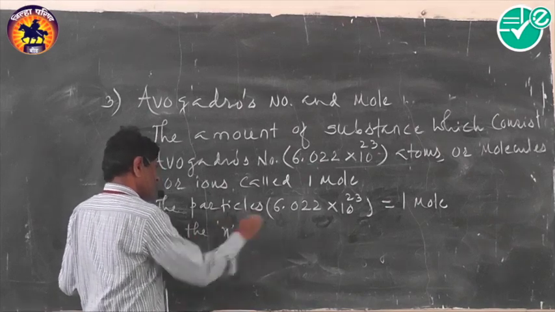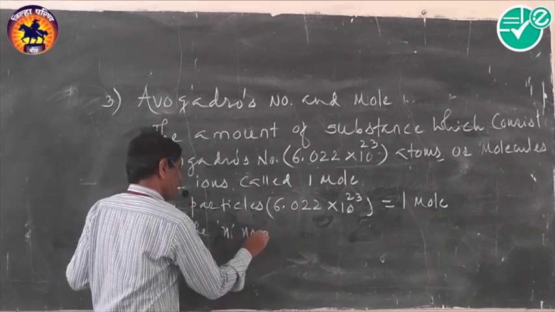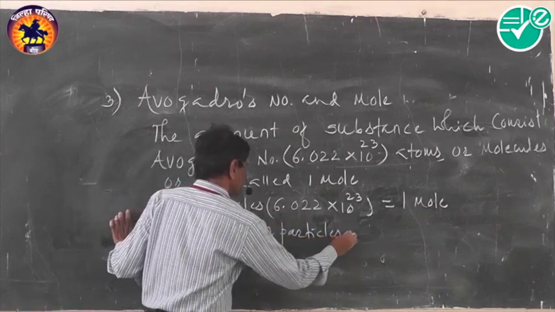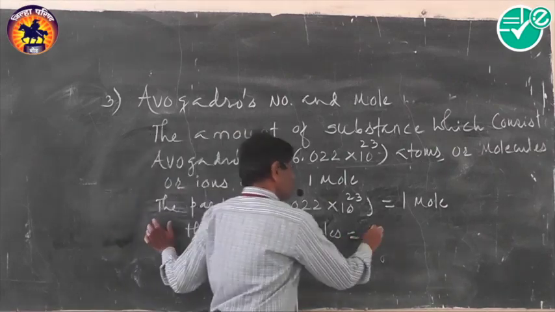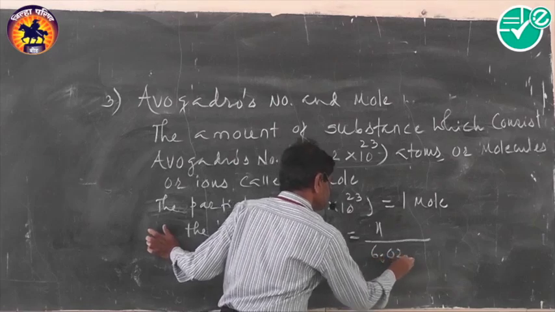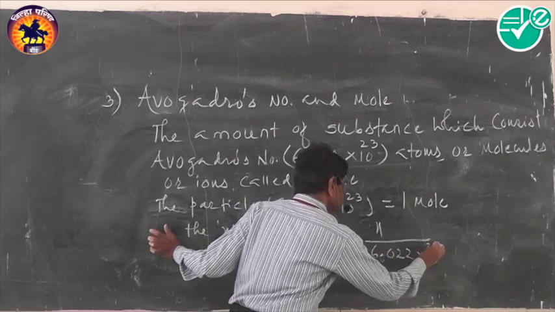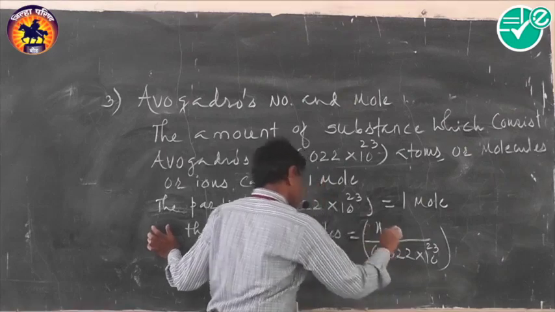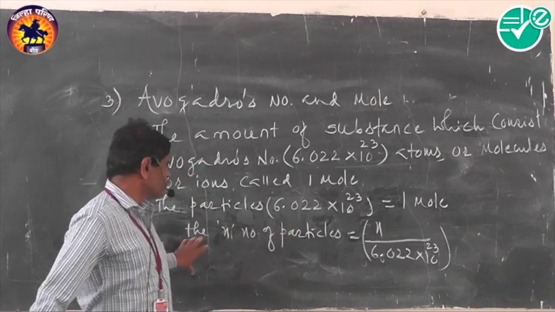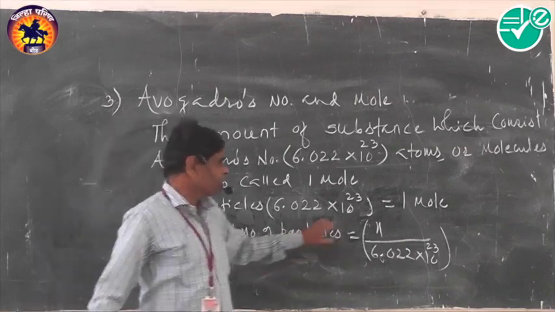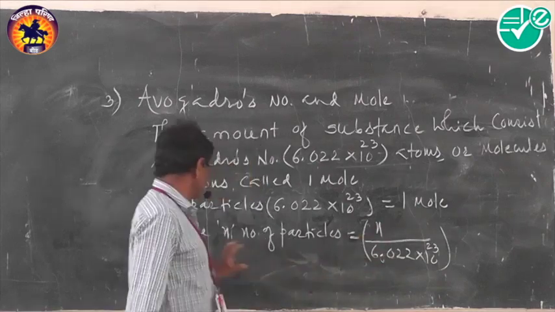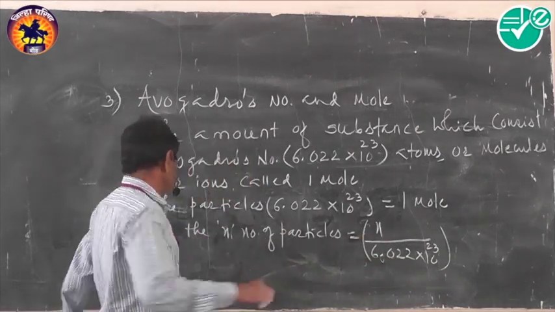The n number of particles is equal to n divided by 6.022 into 10 raised to 23. And thus remember, from the number of particles you can also calculate the number of moles. The given number of particles, when divided by Avogadro's number, gives the number of moles.